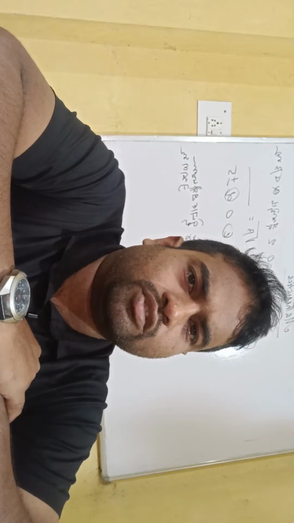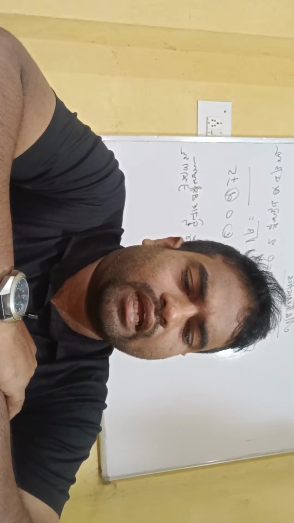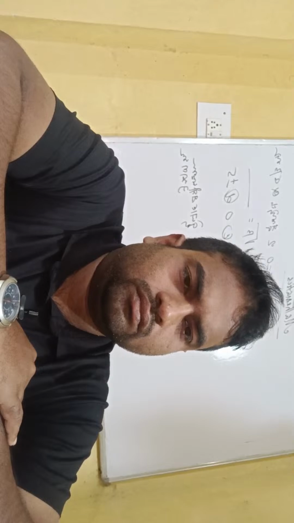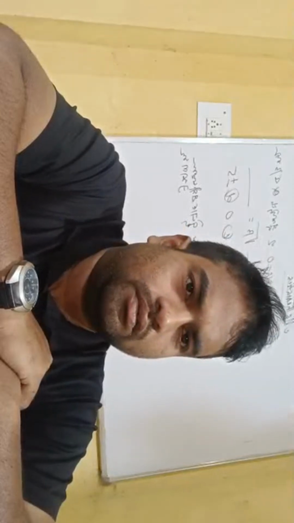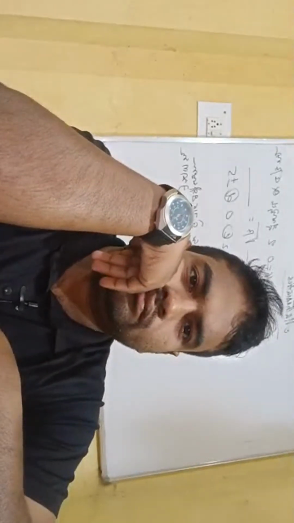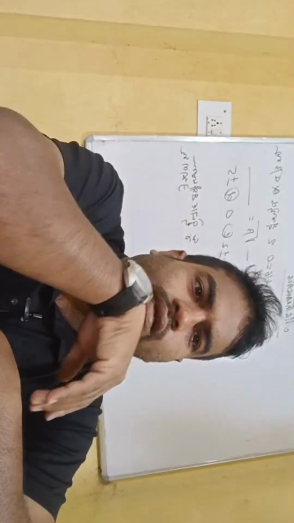Give the chemical formula for ammonium sulfate. (NH4)2SO4, okay, (NH4)2SO4.